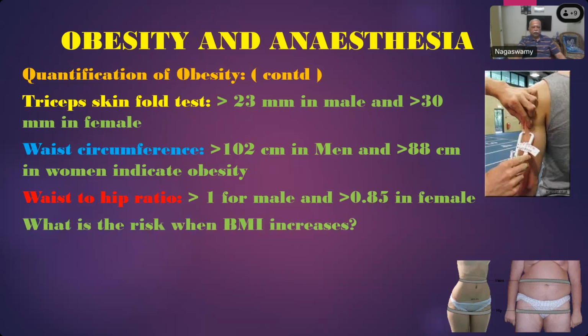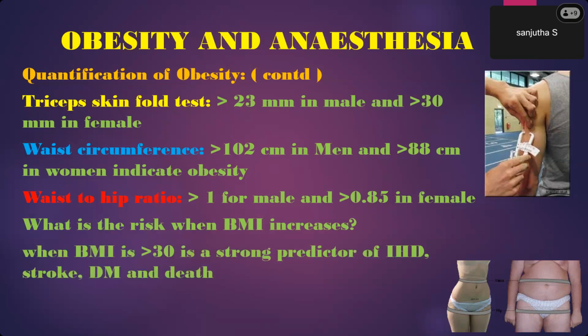Now, what is the risk when the BMI increases? Why are you worried about the BMI and obesity? It is associated with other comorbidities, metabolic syndrome. Very good.